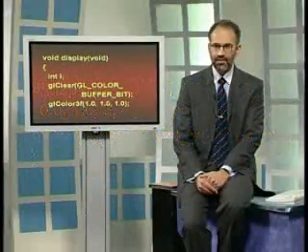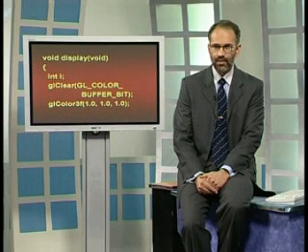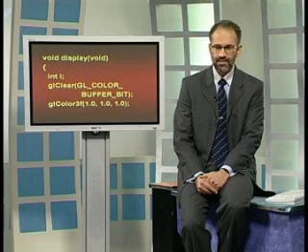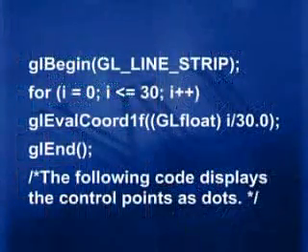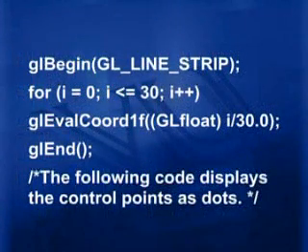Then the display function is coded, which starts of course with glClear, and GL_COLOR_BUFFER_BIT is passed as the parameter, and then we call glColor3f with 1, 1, 1 as the 3 parameters. glBegin for GL_LINE_STRIP is called next, and that goes for i equal to 0 to 30, incrementing i by 1 in each step.